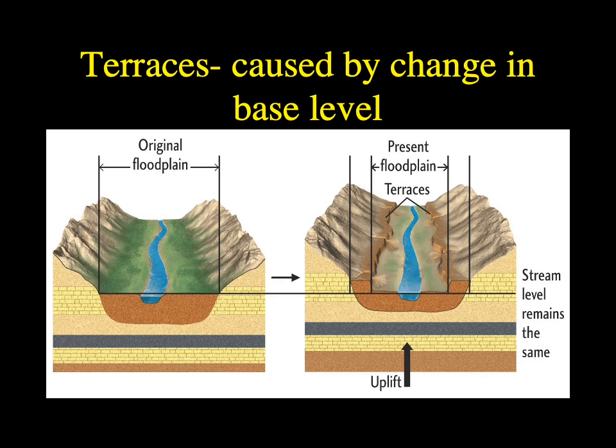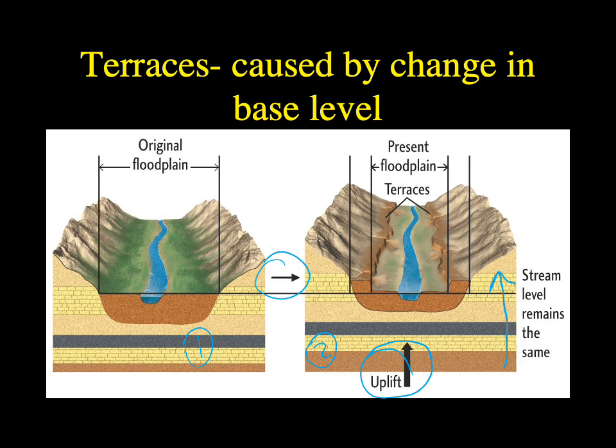When rivers change in response to a change in base level, what you see over time is that the river may be very happy cutting along right here, and its floodplain is on either side doing its little flood absorption thing. But over time, if base level changes, and what we're showing in this graphic as you go from panel 1 to panel 2, is that the entire area has been uplifted. So you've pushed this entire region up.